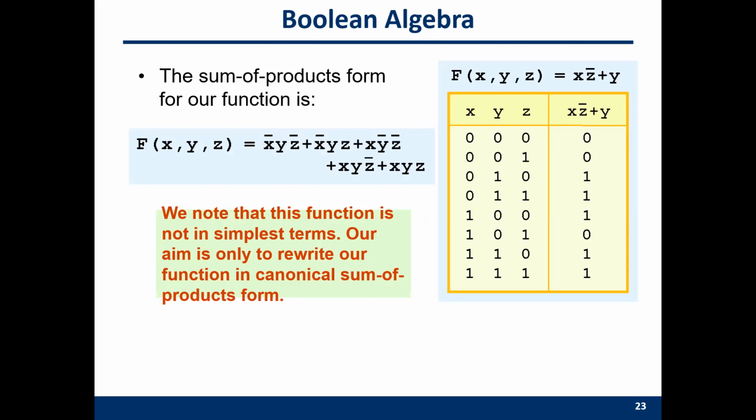And this one corresponds to the last row. Why? Because for the last row, all values here are 1s. Then we just write x, y, z. So no bar at all. So in this way, you can write the so-called sum of products, which is one type of canonical form.